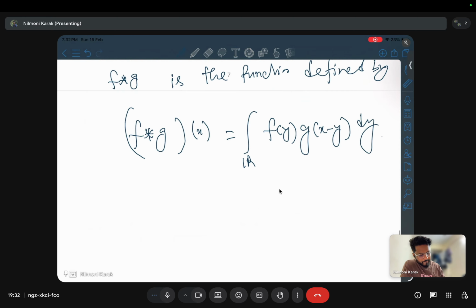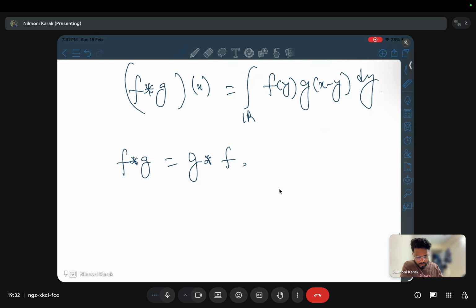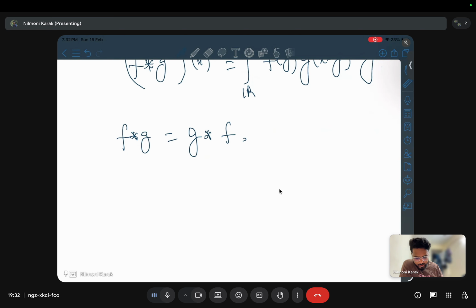One can check that convolution is commutative: f star g equals g star f.